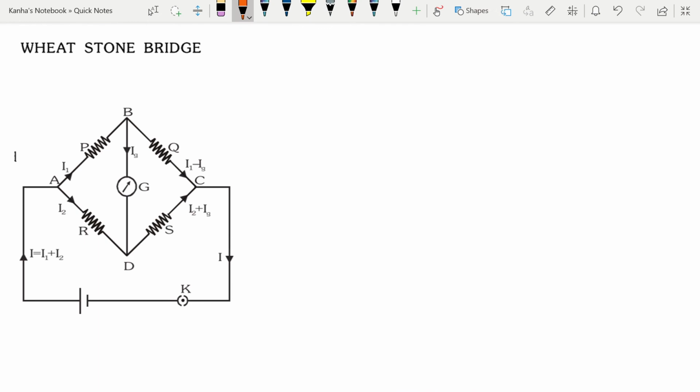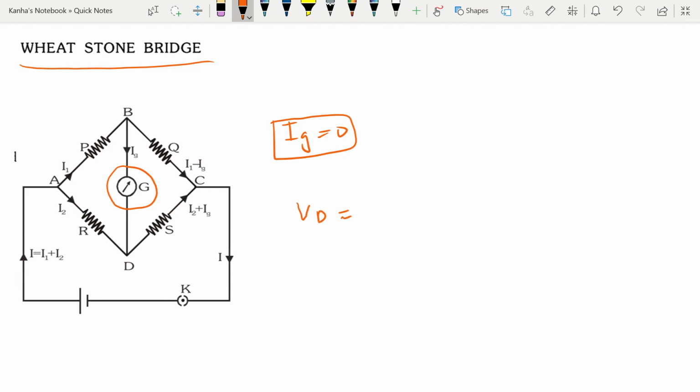Another interesting system that needs to be studied is the Wheatstone bridge. This configuration that I've shown you here is known as the Wheatstone bridge. If the current in the galvanometer becomes 0, this Ig is equal to 0, then we say that the bridge is balanced, and under that condition Vd is equal to V at B. That implies I1P is equal to I2R and I1Q is equal to I2S.